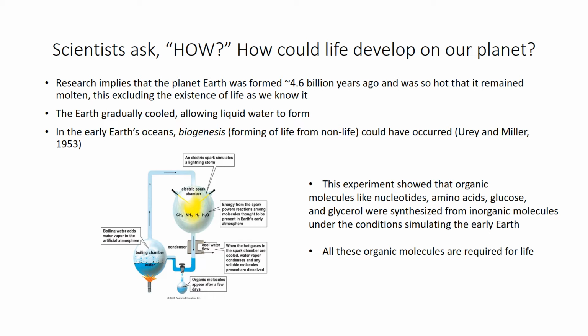Again, these are data from other areas, especially astrophysics, studying planets that are forming like right now, and applying this knowledge to our planet, hypothesizing that that was how it was.